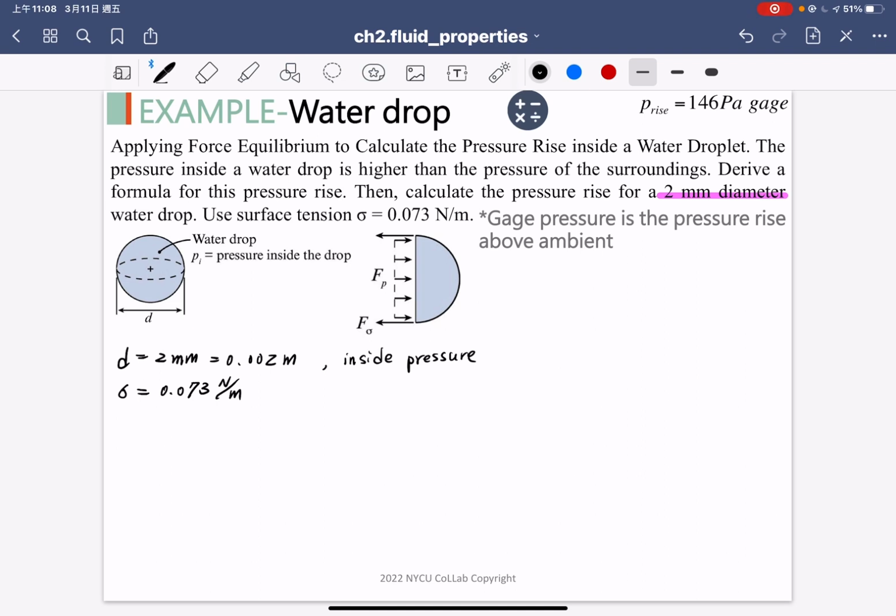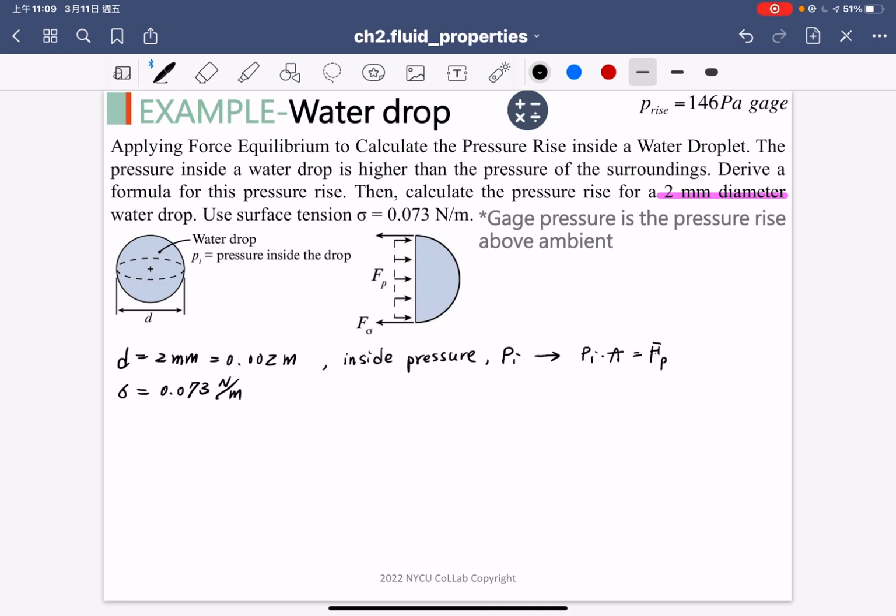The inside pressure is PI, but we need to convert the pressure into force. The inner pressure should be multiplied by the acting area, and we can convert the pressure to the pressure force. So PI multiplied by A is equal to FP.